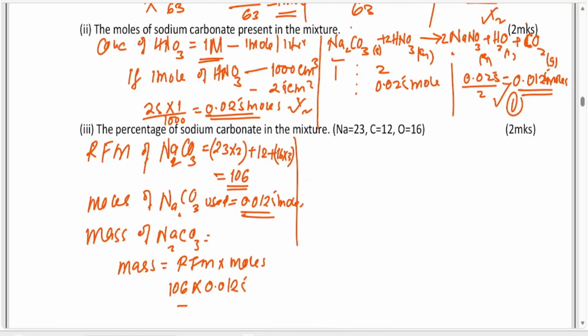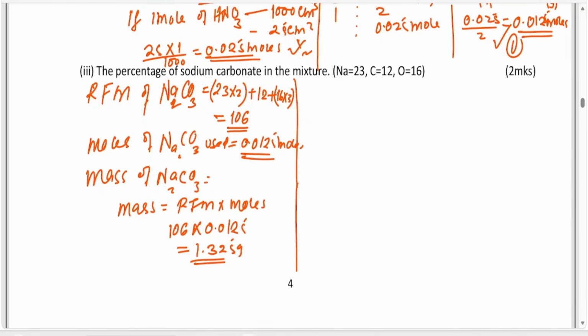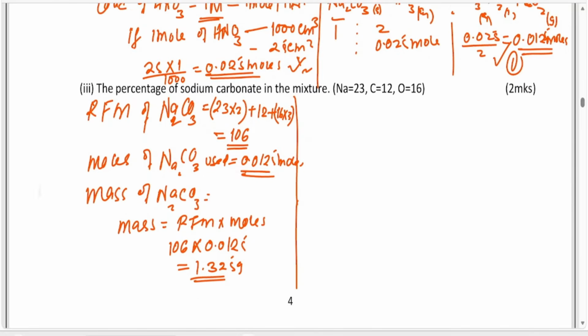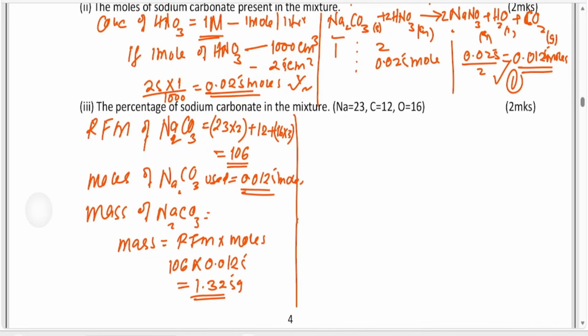When I do the calculation, I'm going to get 1.325 grams. So this is the mass of sodium carbonate that was present in the mixture. So how do I get the percentage?